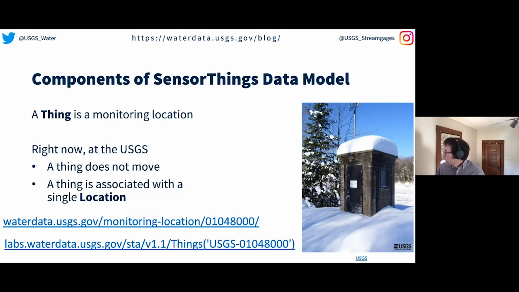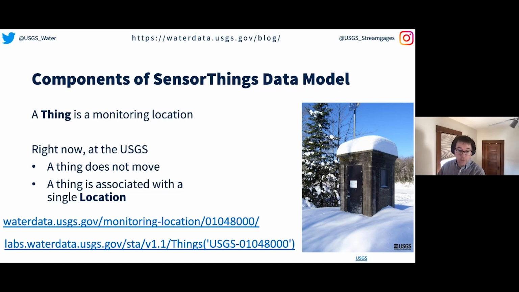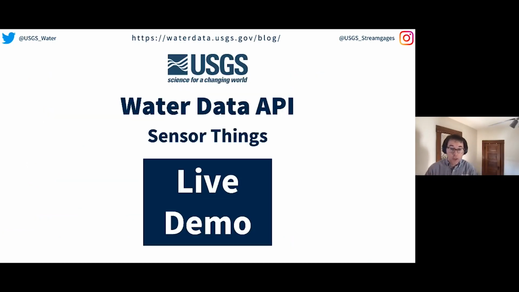Okay. All right, the next question is, what is the status of documentation for SensorThings API? That is a great question also. So there's a couple different pieces. As we talked about, there's the blog post about all of our different API catalogs.